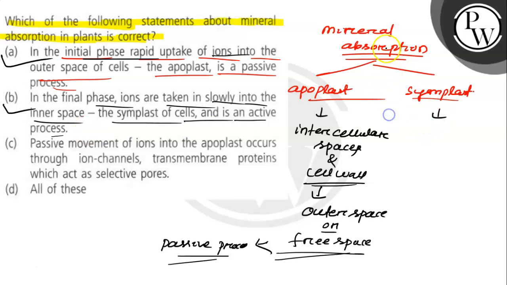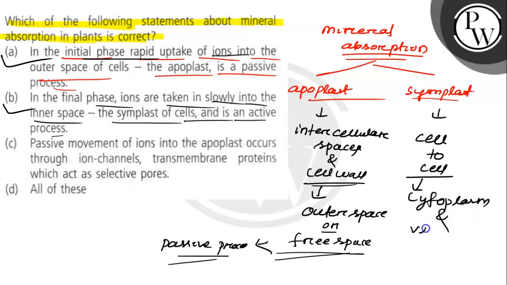Mineral absorption can also take place by another process, that is symplastic movement. In symplastic movement, the ions can move from cell to cell, through the cytoplasm and vacuole. This takes place through the plasmodesmata.